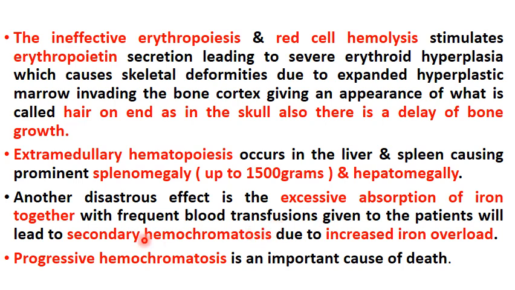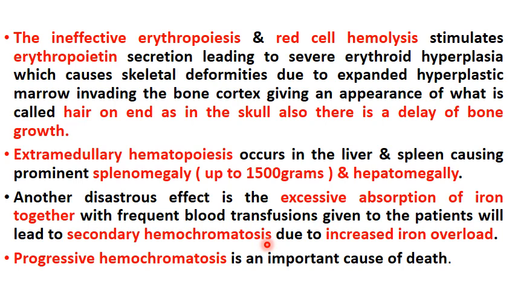This will lead to secondary hemochromatosis due to increased iron overload, because the patient has frequent blood transfusions every now and then, together with the destruction of RBCs, which leads to an excessive load of iron. Both causes lead to the increase in iron overload.